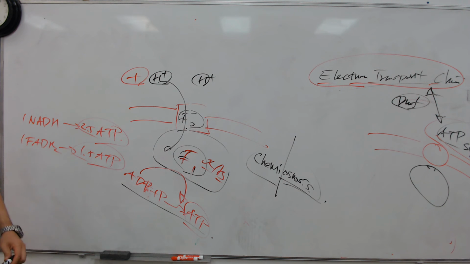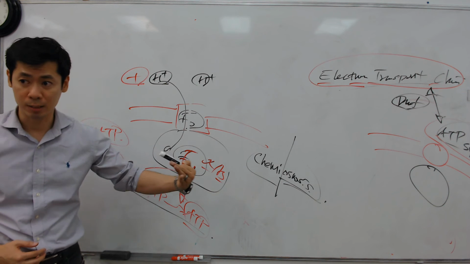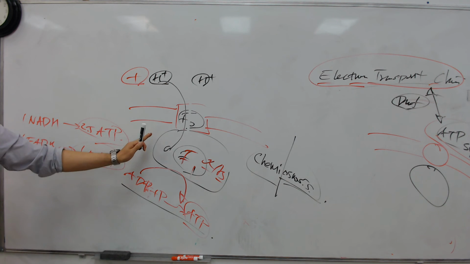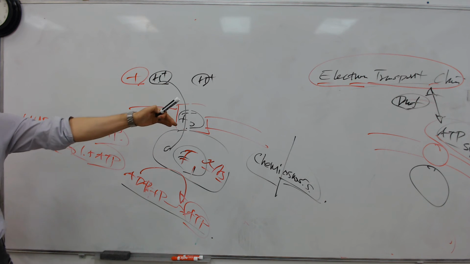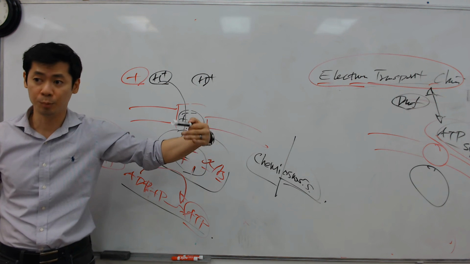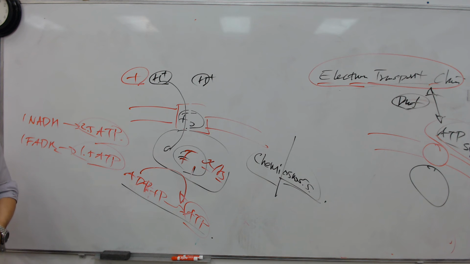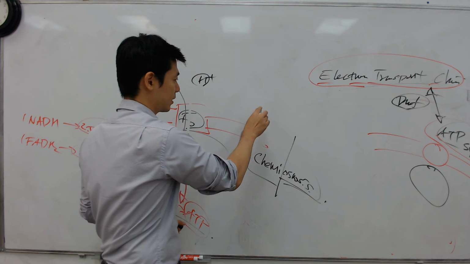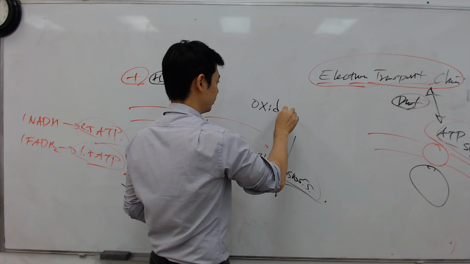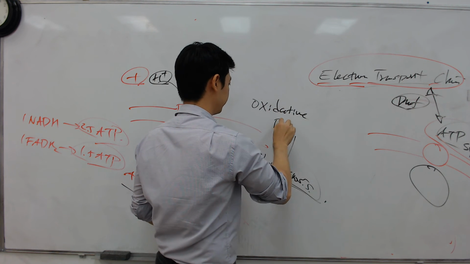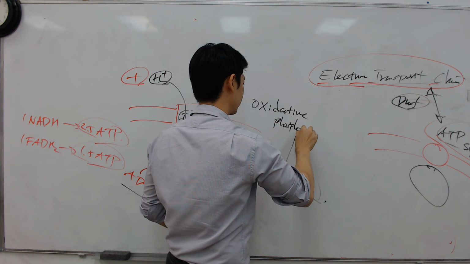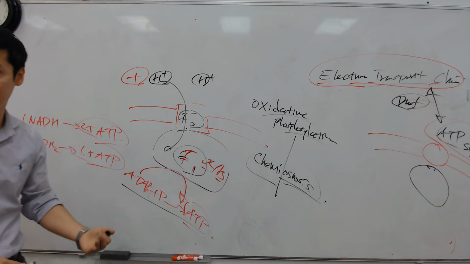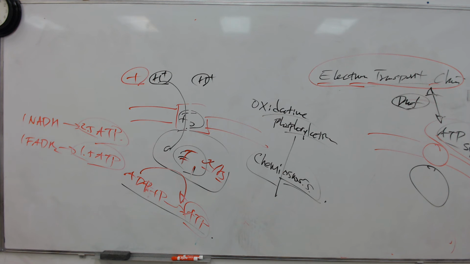This overall process of producing ATP using the ATP synthase and the electron transfer chain, coupled by the proton gradient produced, is called oxidative phosphorylation.